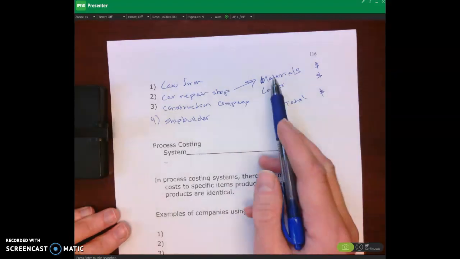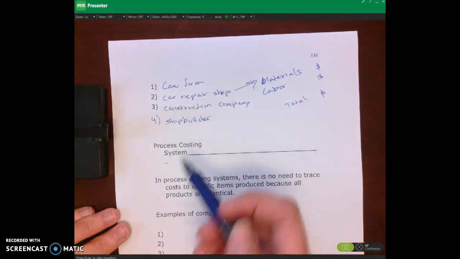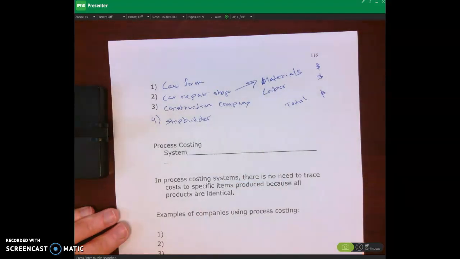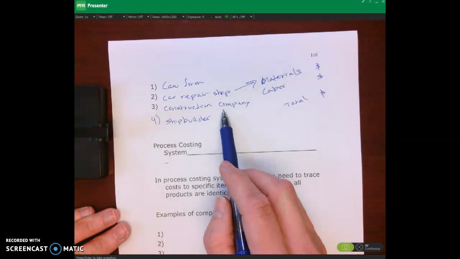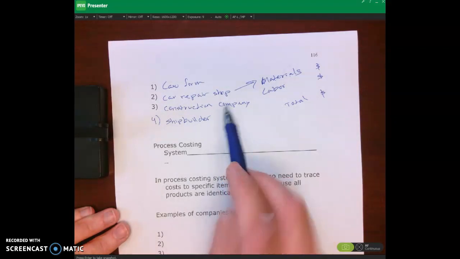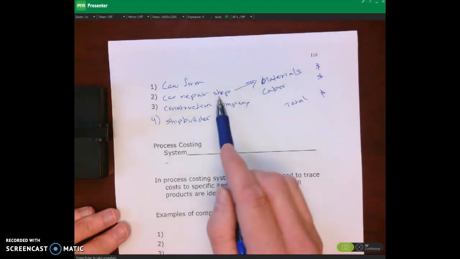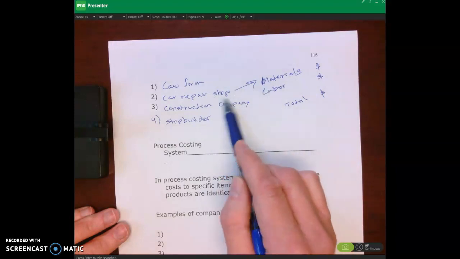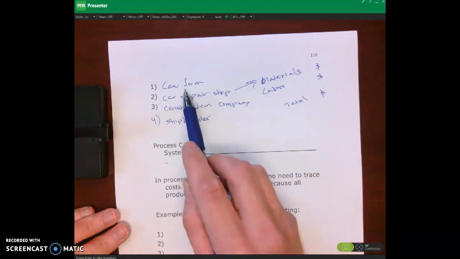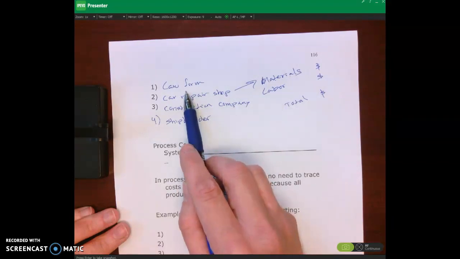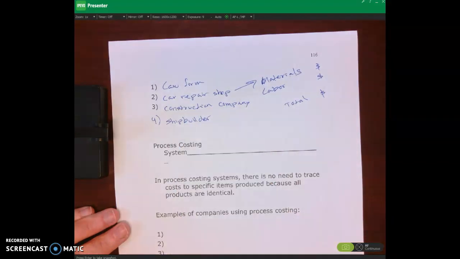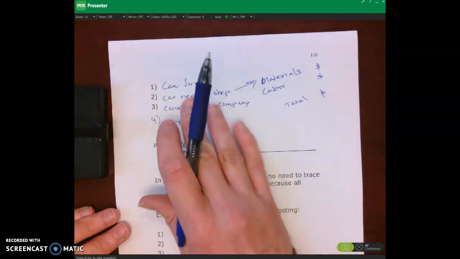They're tracking the materials, labor, and of course also overhead for building that ship. They're tracking the materials, labor, and overhead for renovating Virginia Hall. They're tracking the materials and labor for fixing your car. And for a law firm, the job would be the client. Client would be the job. So that's job order costing.